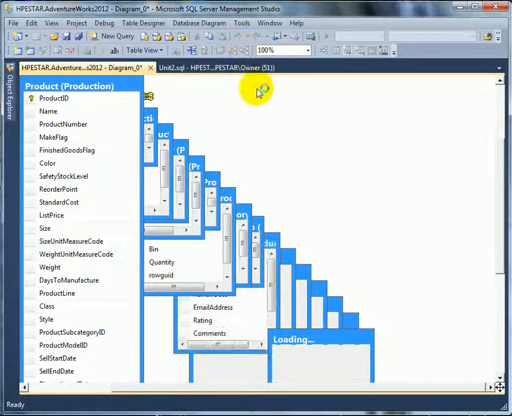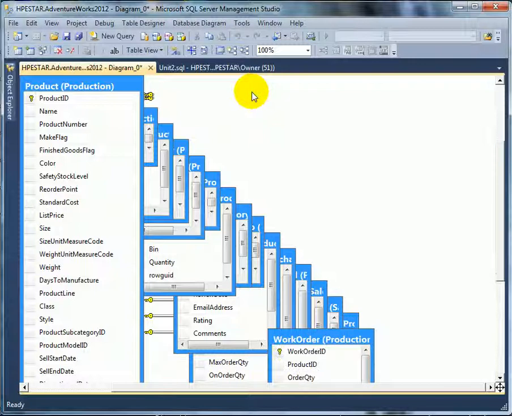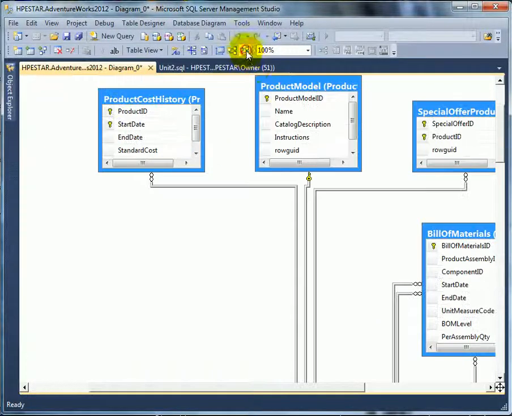Rearrange. Still pulling it in. Rearrange. So here it is.